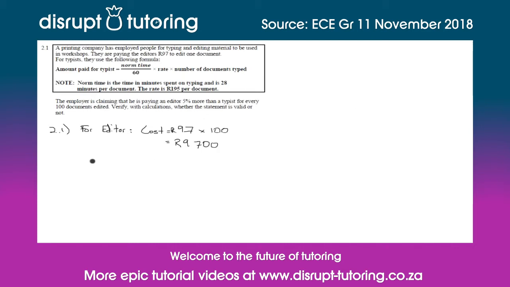Okay, and then we need to calculate what the amount is for the typist. So for the typist, the cost equals the norm time, and they've given us this formula. So your norm time, which is 28 divided by 60, multiplied by the rate, multiplied by the docs, so how many docs there are.